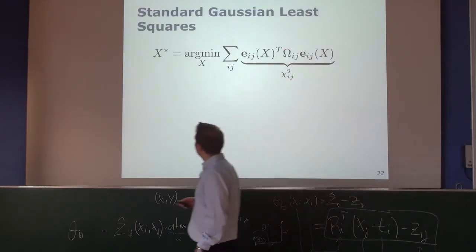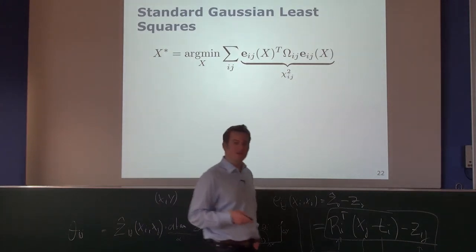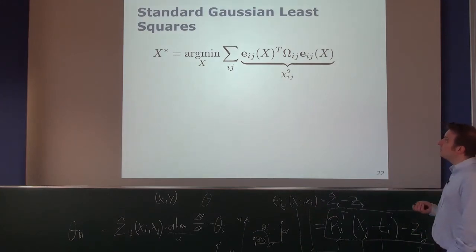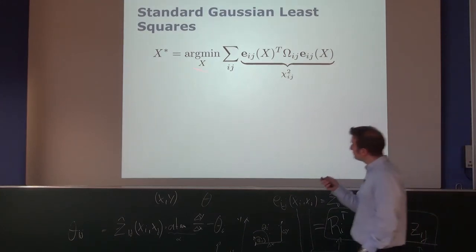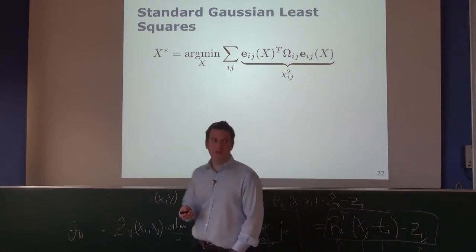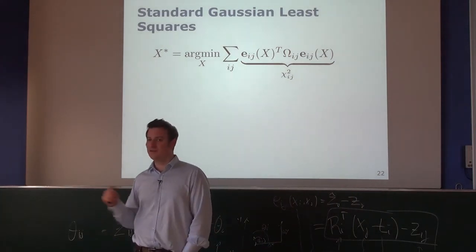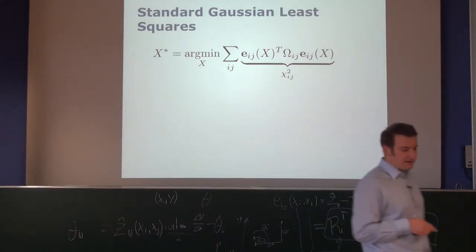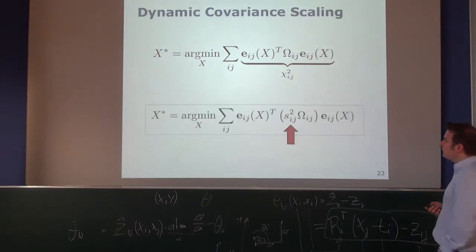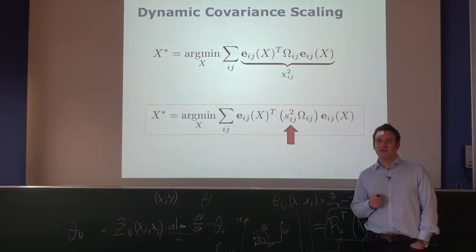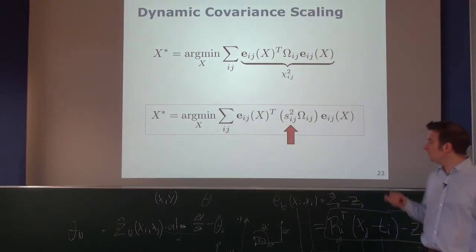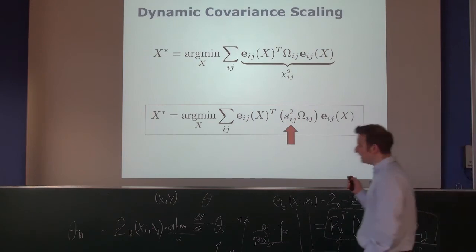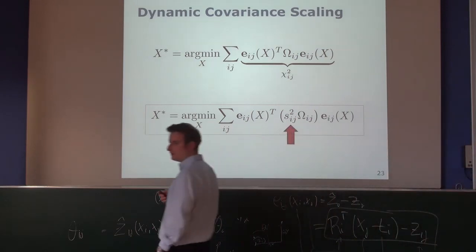There have been other techniques proposed to deal with those outliers. The second technique is dynamic covariance scaling. This is the equation, the minimization that we do in the standard squared error minimization, the sum of squared errors. The key trick of dynamic covariance scaling is to replace this information matrix with a variant which has a scaling factor, a constraint-dependent scaling factor added to it.